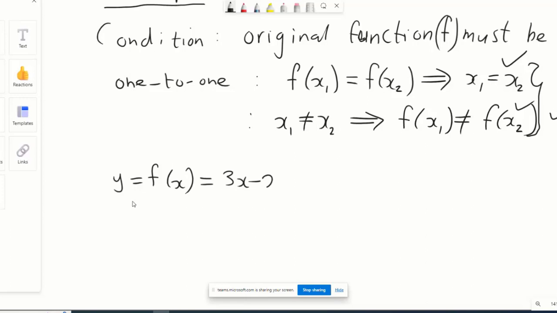Right? Now we know that this function has a slope of 3 and a y-intercept of minus 2. Can we see that, guys? Yes.